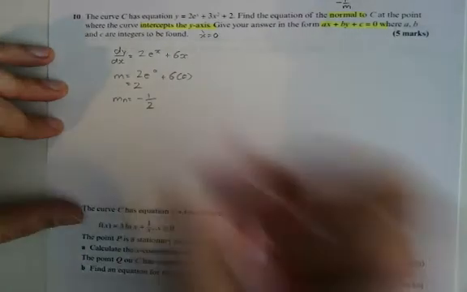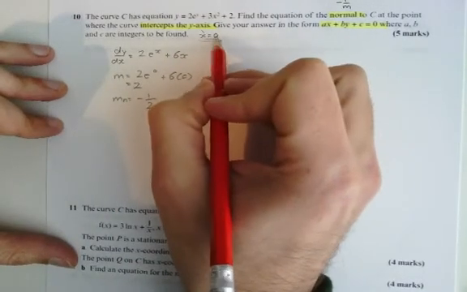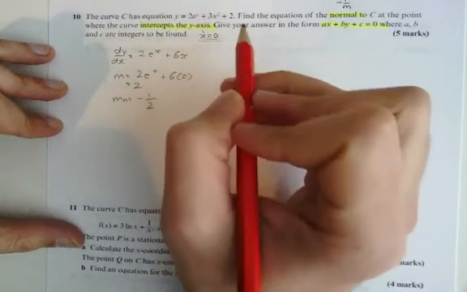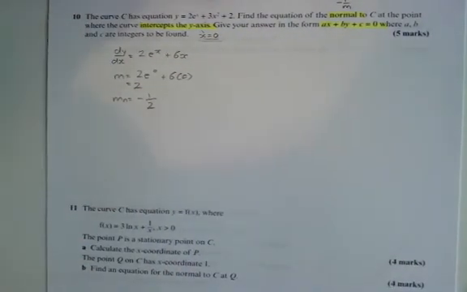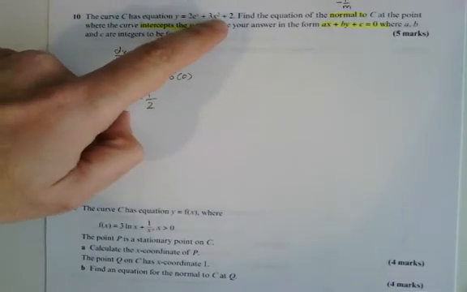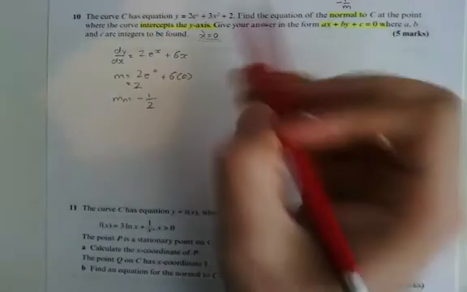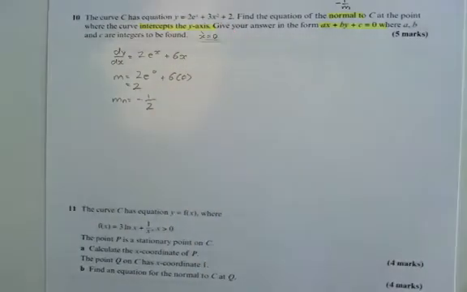Okay? So I've got a gradient, I need a coordinate. I know the x value of the coordinates would be 0, but we have a problem here with the y-coordinate. Now usually when we've got a curve, we'd say, well, if we're looking for the y-intercept, it's 2, isn't it? But there is a problem with this, it isn't 2 on this one, because normally when we sub x equals 0 into an equation, it just means that everything with an x in disappears.